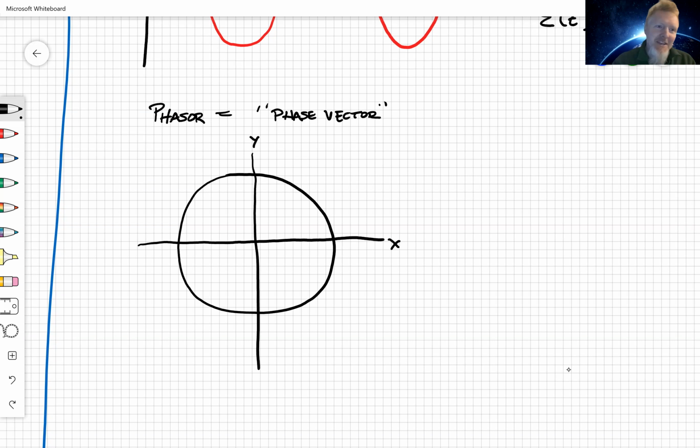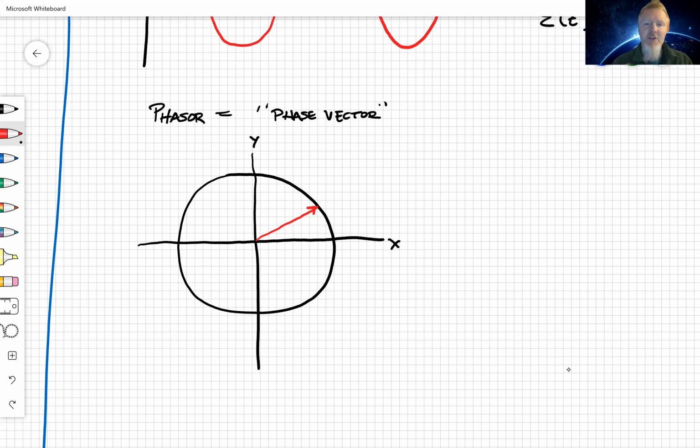Okay, so here is a way to think of a phasor. A phasor is basically a rotating vector. Okay, it rotates at the frequency of the wave, the omega frequency, not the natural frequency, not the f.